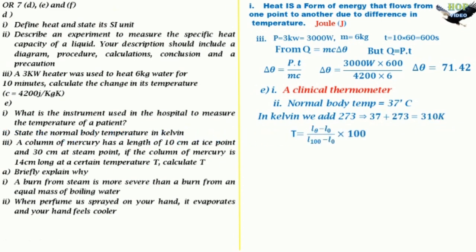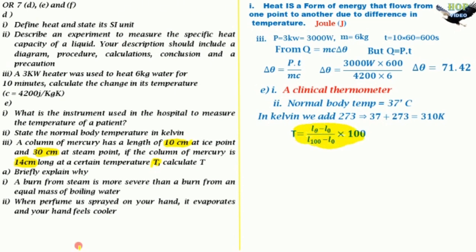We have been given different temperatures here. Here we have the lower fixed point, 10 centimeters. Here is our upper fixed point, 30 centimeters, and the length of the column at a particular temperature T. So using this data, we have length at the temperature T minus lower fixed point, divided by upper fixed point minus lower fixed point, all times 100 degrees Celsius.